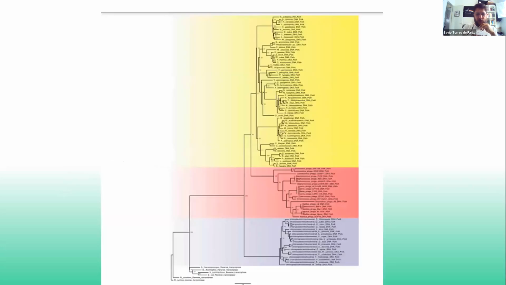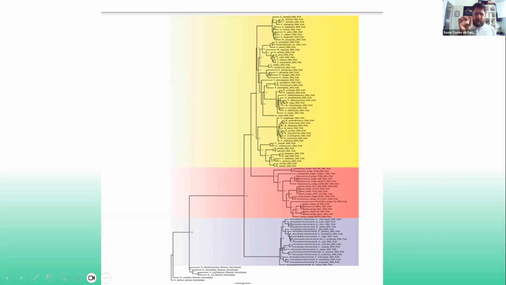So the first tree is of the family A DNA polymerase. Here, these trees are rooted in the reverse transcriptase, because we have evidence that the DNA polymerase emerged from the reverse transcriptase.